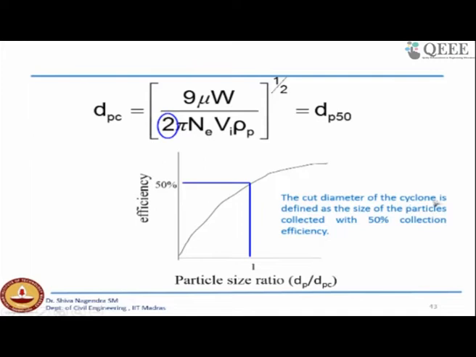The cut diameter of the cyclone is defined as the size of the particles collected with 50% collection efficiency. For example, in a given emission, the size of the particles ranges from nanometer to micron. You are designing a cyclone, and as you know, a cyclone is very good for particles of 10 micron and above. If it becomes 5 micron, then your efficiency will become very, very low.